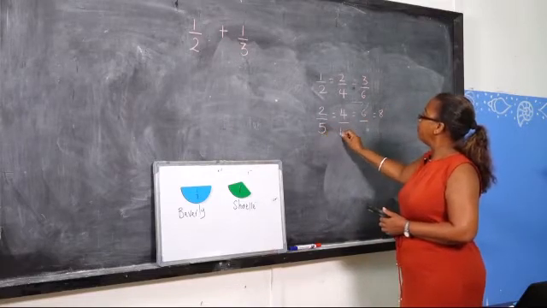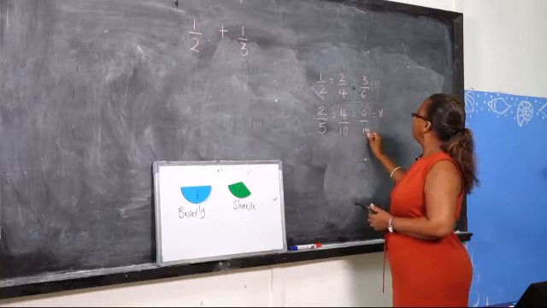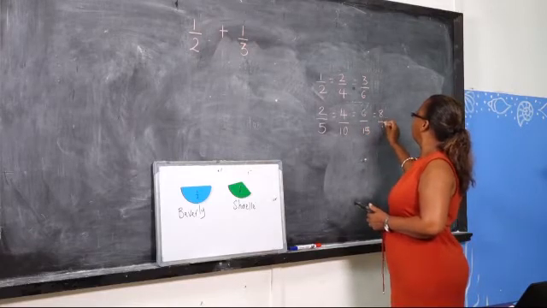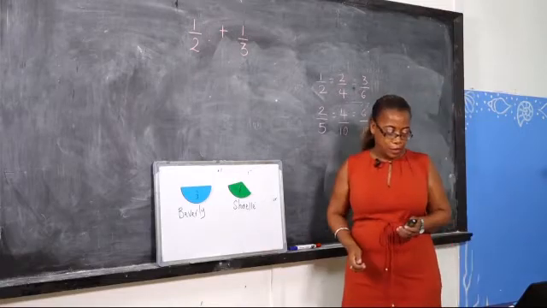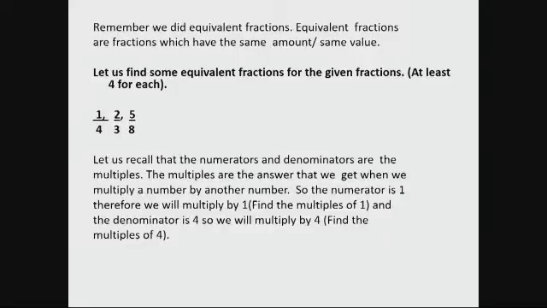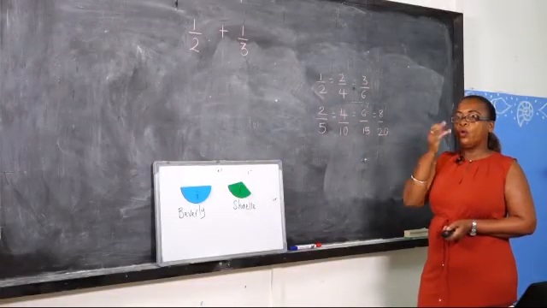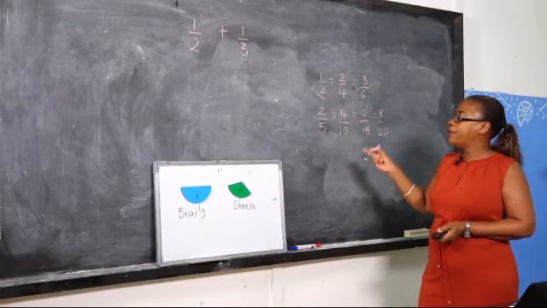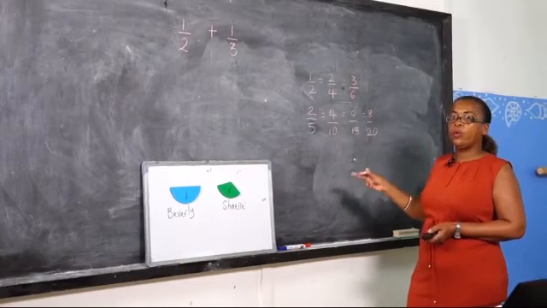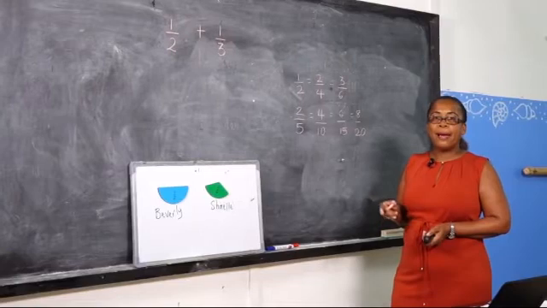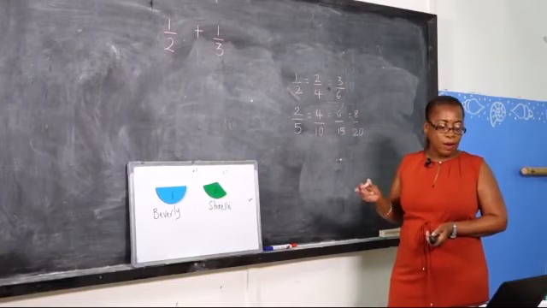Then 5, 10, 15, 20. That's it. So just to recap, we have the multiples. We know what multiples are. It is always important for you to remember that a multiple is an answer that you get when you multiply a number by another number.